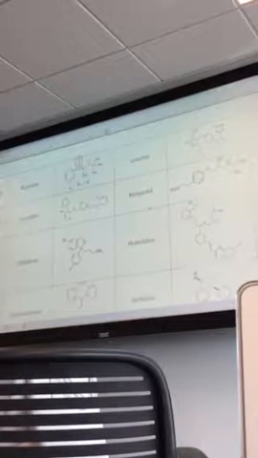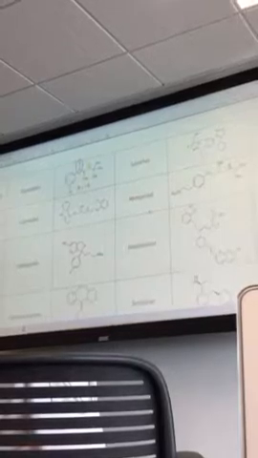So the way carbonyls work, I know they're a little bit confusing, but for the carbonyl you're not looking at the oxygen, you're actually looking at its whole functional group. Because the whole functional group is 1 carbon away, it's 1 carbon.